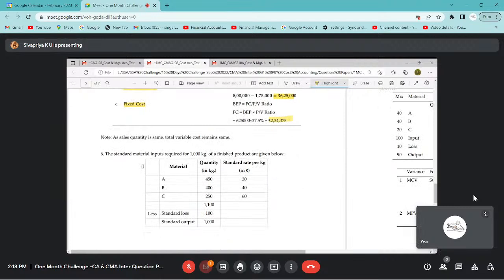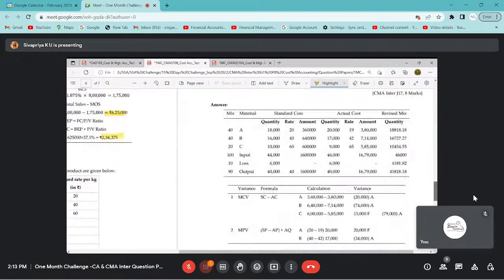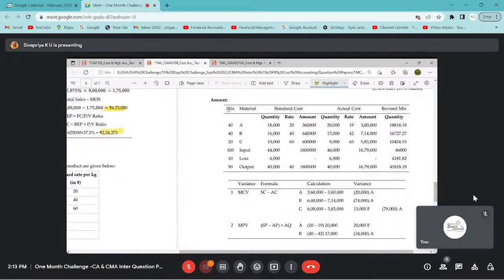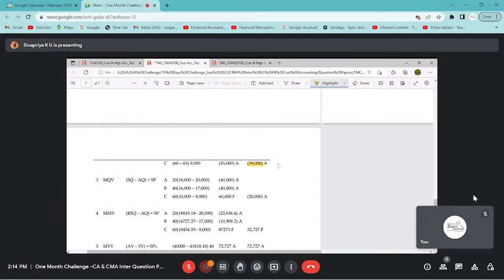Then question number 6 is with respect to standard costing, material cost variance. So this is the answer. This is the table for calculating the standard cost, actual cost and revised standard cost. Material cost variance 79,000 adverse. Material price variance 59,000 adverse.